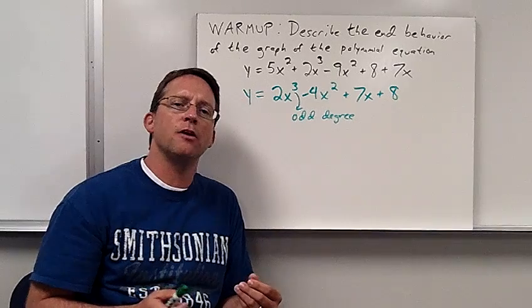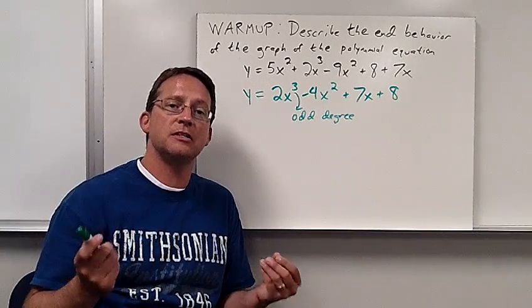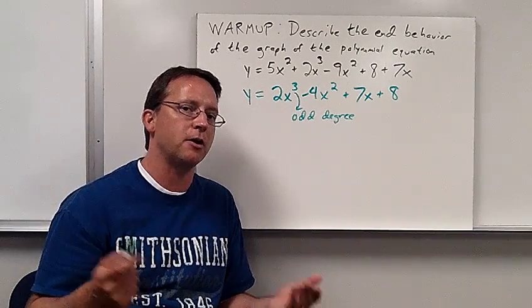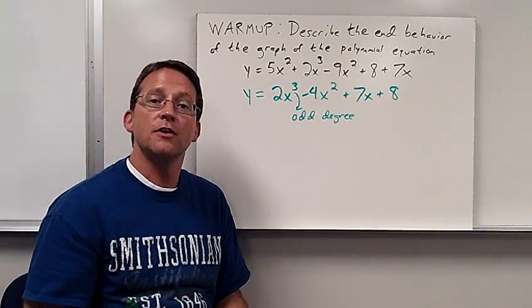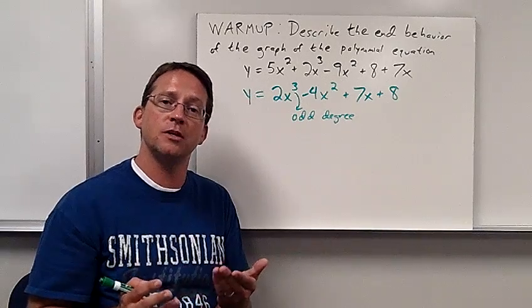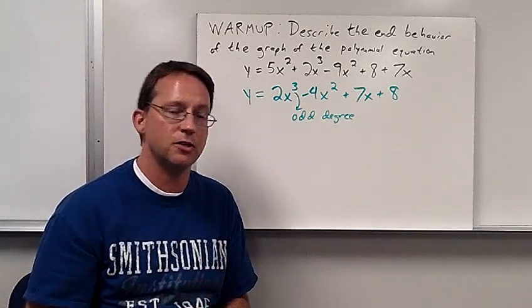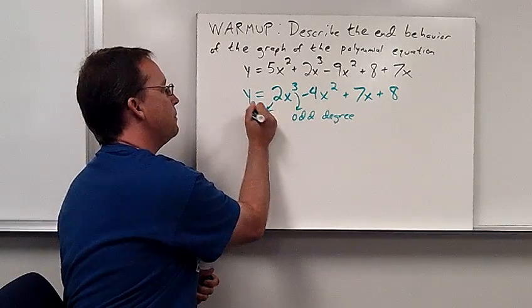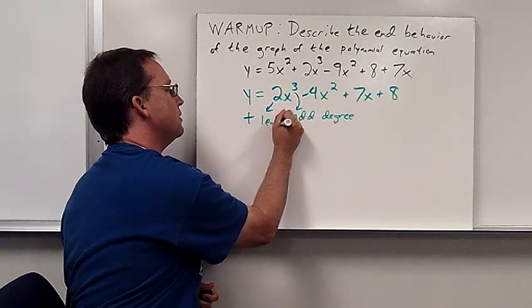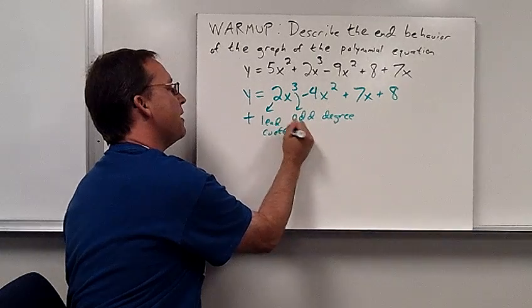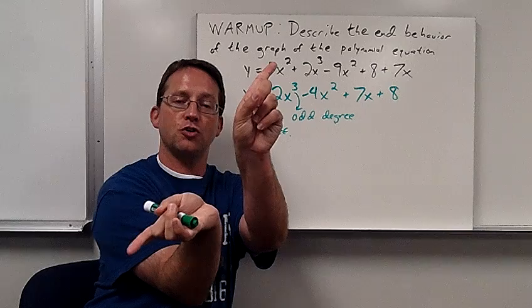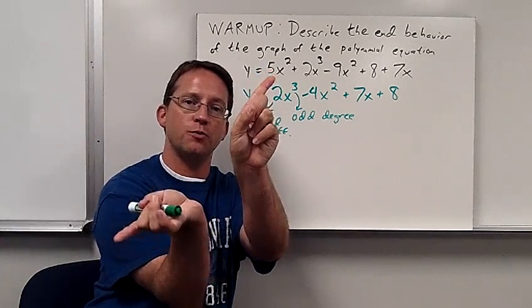When we have an odd degree, we think about the simplest odd degree polynomial, and that's just x to the first power, a linear function. So the ends of this graph will resemble the ends of a linear function. In this case, since our lead coefficient is a positive 2, we think about a positive sloped straight line. So the ends of the graph should resemble the ends of a positive sloped straight line.